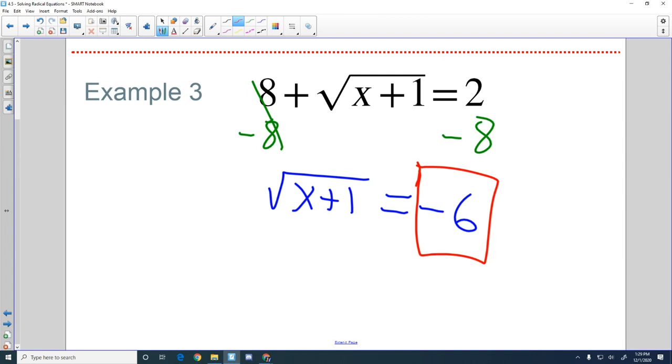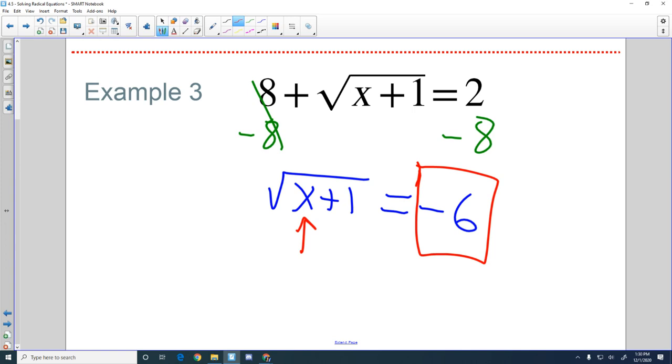If you take the square root of a number, any number at all, can you get a negative? No. Square roots are always what type of a number? Positive. Every time. A square root will always turn a positive. So there's no number in the world that I could plug in for x that if I added 1 and I took the square root, that answer could be a negative 6. It is impossible. It's not going to happen.